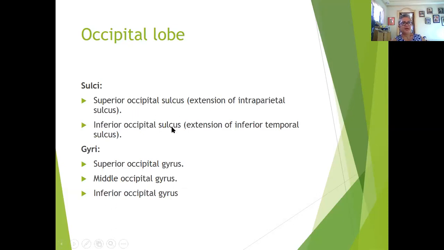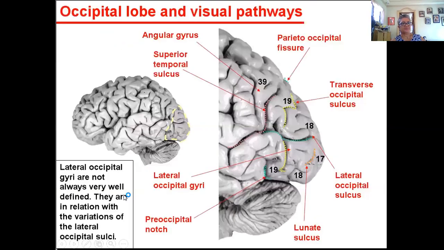Then the inferior occipital sulcus is an extension of the inferior temporal sulcus. Because it has two sulci, it has three gyri: the superior, middle, and inferior occipital gyrus.